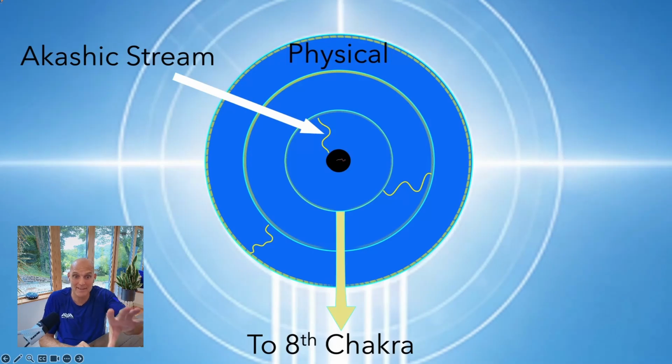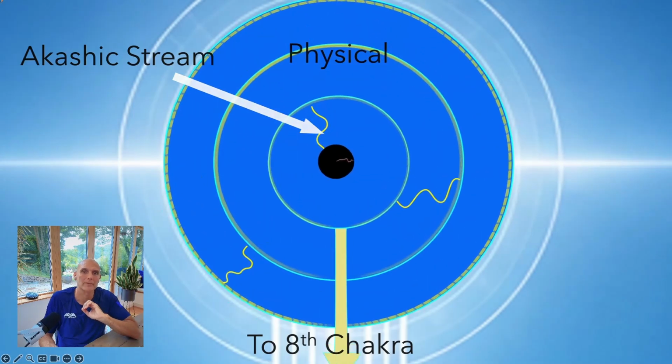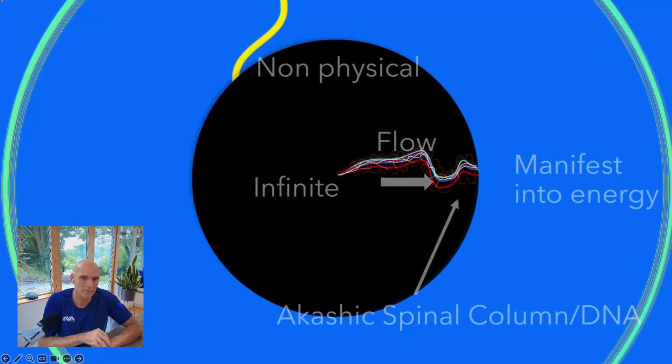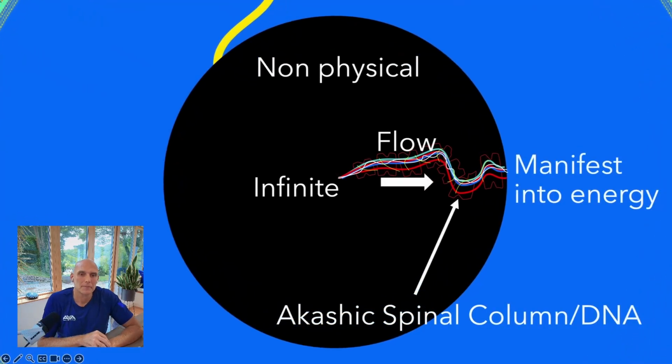Now let's have a look inside the non-physical bit, because this is the really important bit here. Inside this non-physical bit, it doesn't look like anything because it's non-physical. Again, we've just got to try and visualize it somehow.